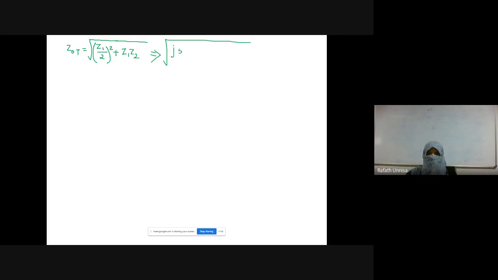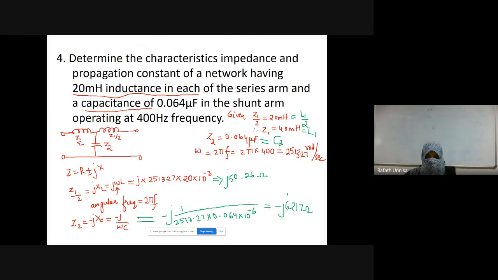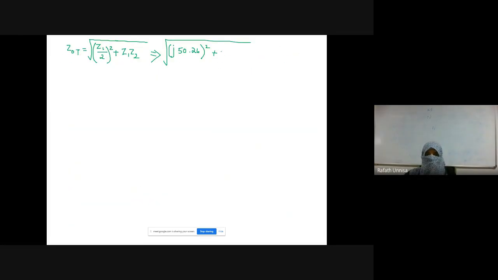J 50.26 whole square plus Z1 times Z2. Z1 will be 100 point that value, J 100.52 into what is Z2?